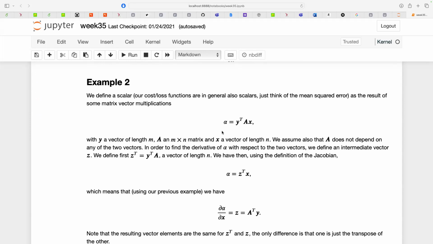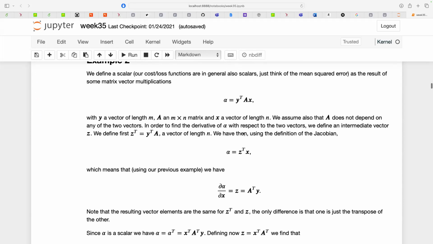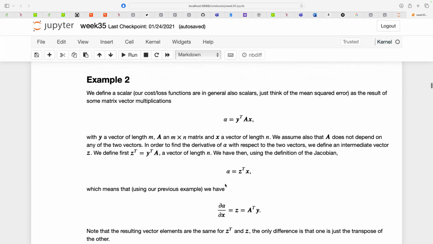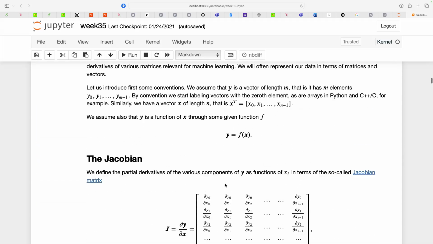It's just a number. So if you think of the mean squared error, it involves something which looks like this. This example is an example of where you set up a scalar in terms of matrices and vectors. And now we take the derivative of a scalar with respect to vector components. And this is essentially what we did.